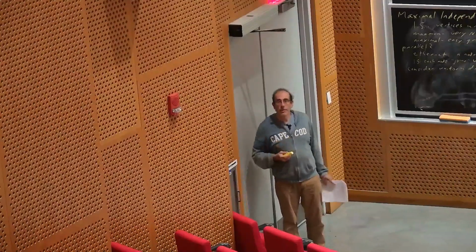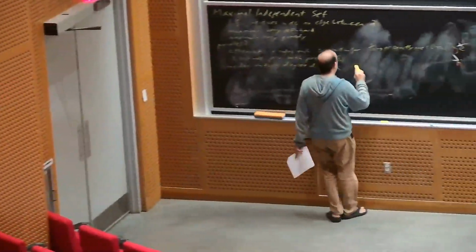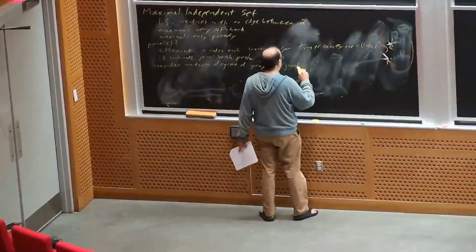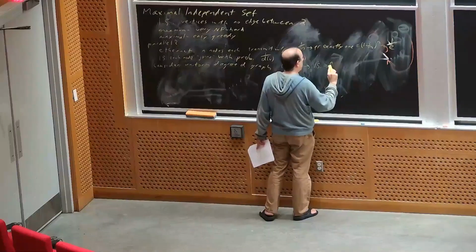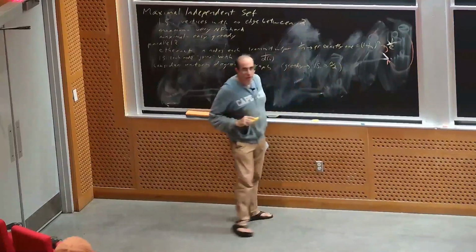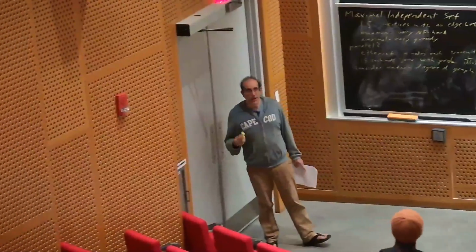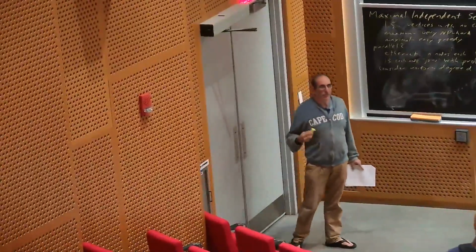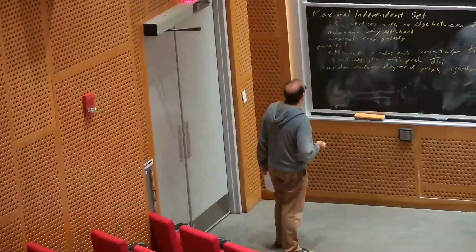Yeah? Exactly. Right? So the greedy algorithm implies that there's an independent set of size at least n over d. Just because each time you take a vertex, you only throw away d vertices, right? So maybe it's n over d minus 1, or n over d plus 1.